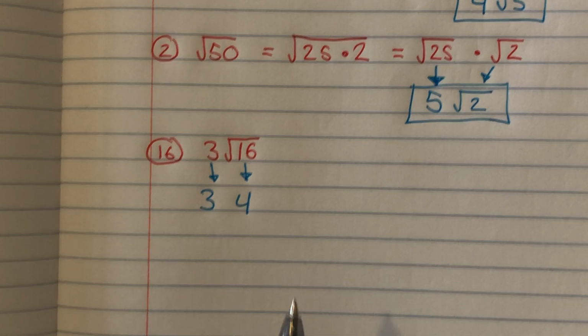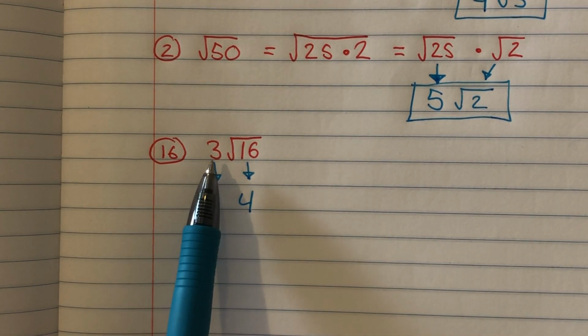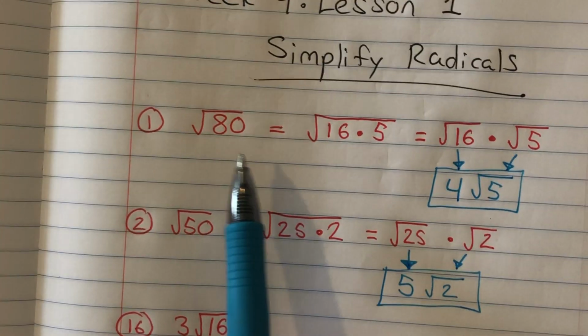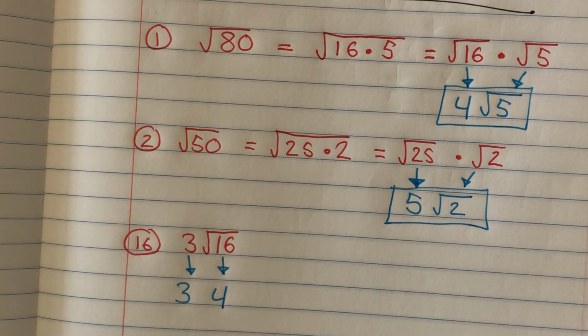And now if I don't put in the operation, it almost looks like I wrote the number 34, which is not what I want. When we have the square root of 16, or the square root of 80, or the square root of 50, or any of these radicals, we can almost think about it like a variable when we were talking about variable equations.